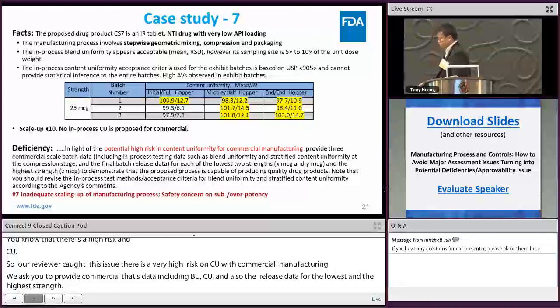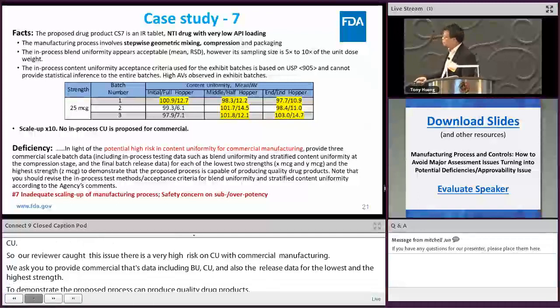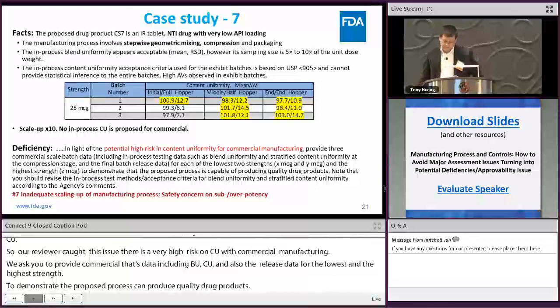And for this one, the concern is mainly on the CU of this very low loading API product.